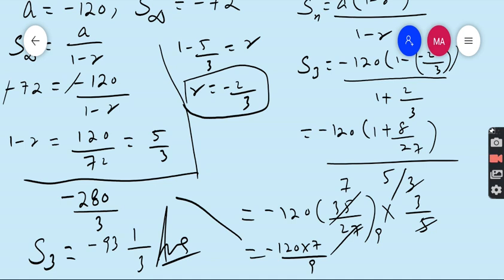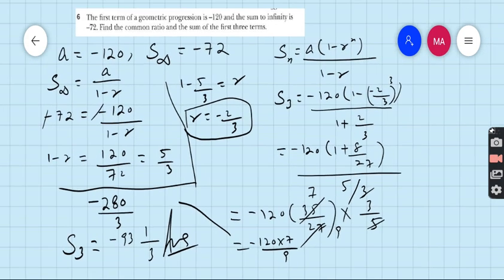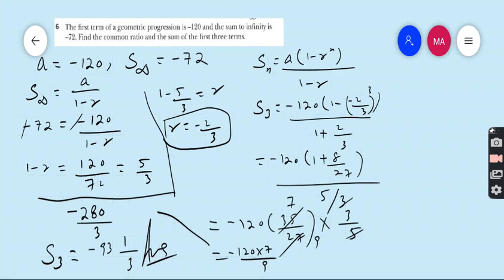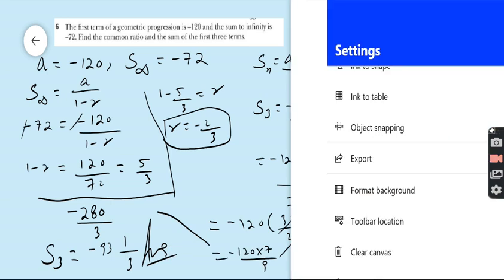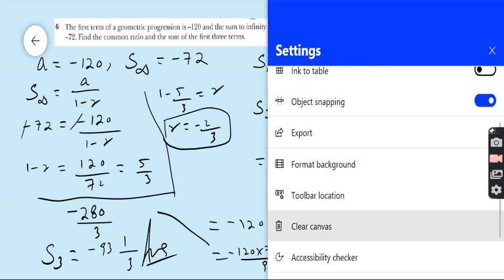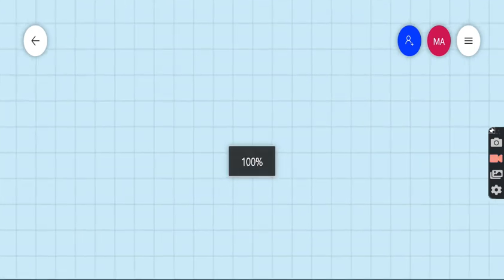Actually it is not required to write the answer as a mixed number, but because the answer in the book is given in that form, students say your answer is wrong. My answer is not wrong, but I am fulfilling the requirement of the book.